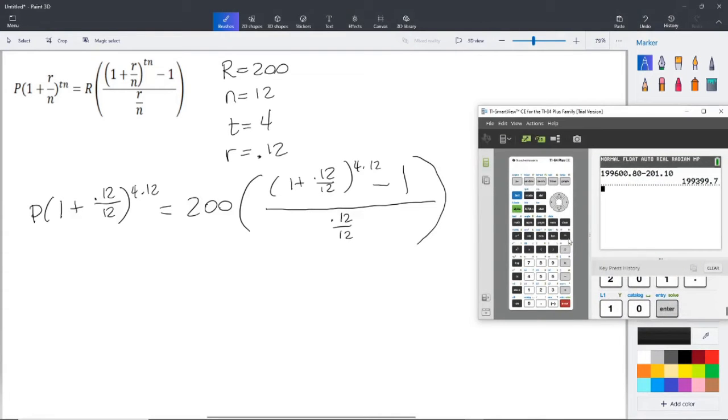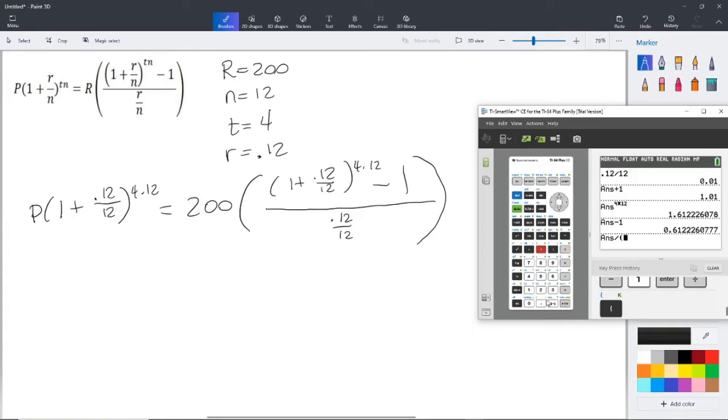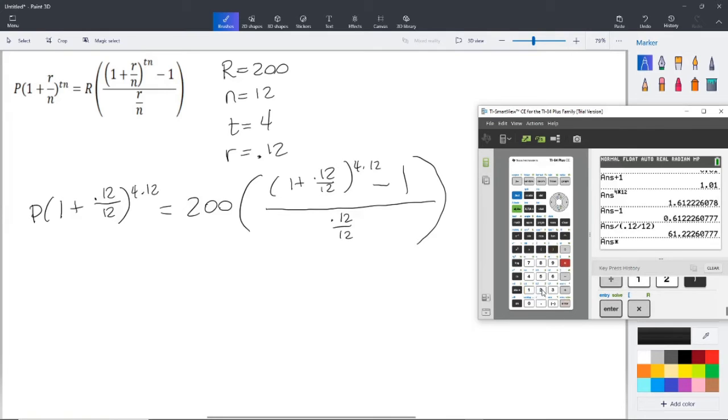Bring our calculator up, clear anything that may be there from a previous problem. And we're going to start right here where we always start, as in 0.12 divided by 12, enter, plus 1, enter, to the power of 4 times 12, or 48 if you like, it's the same thing, minus 1, divided by, parenthesis hugely important here again, 0.12 divided by 12, enter, and then finally times 200.